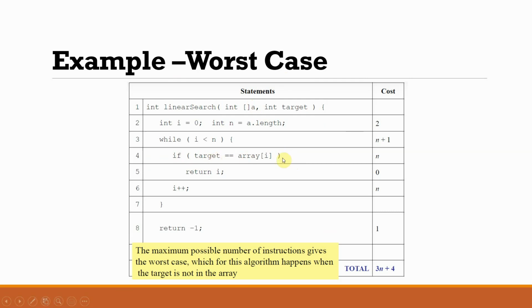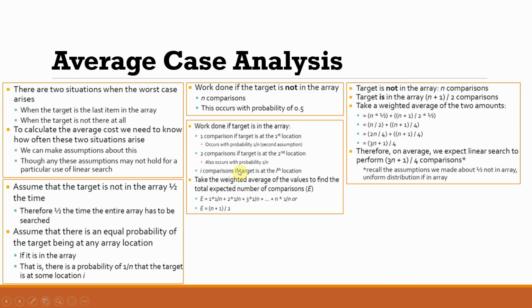You can either find the big O notation based only on the number of times this operation gets executed, or you can find the total cost function. Both of them should give you the same big O notation.